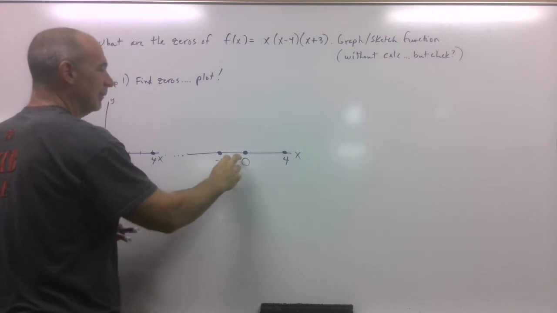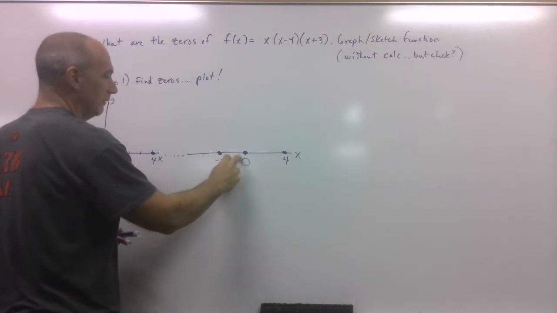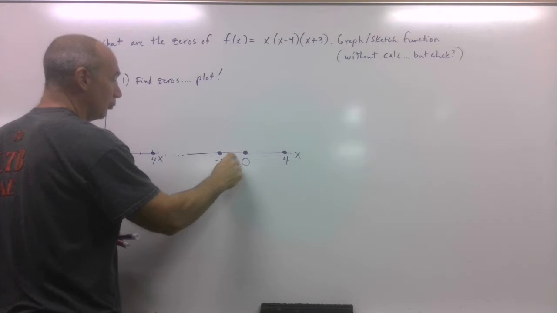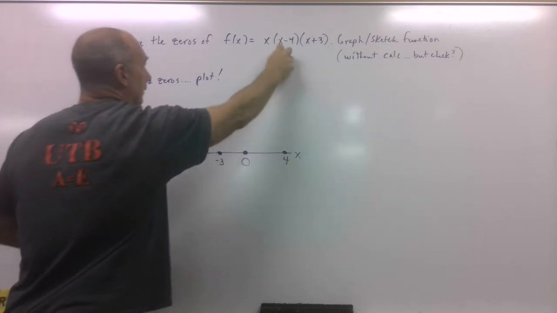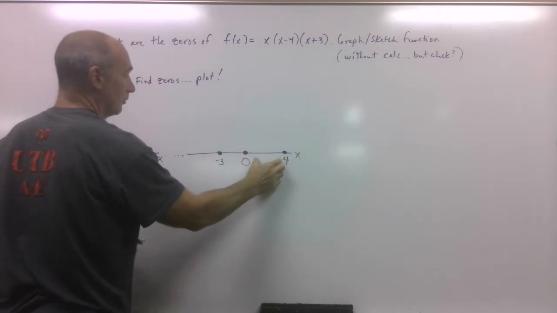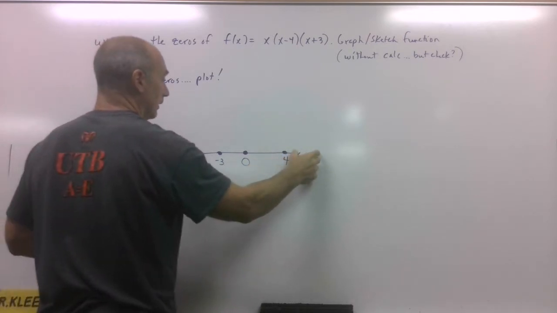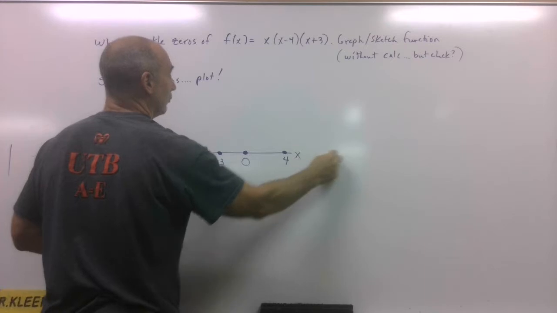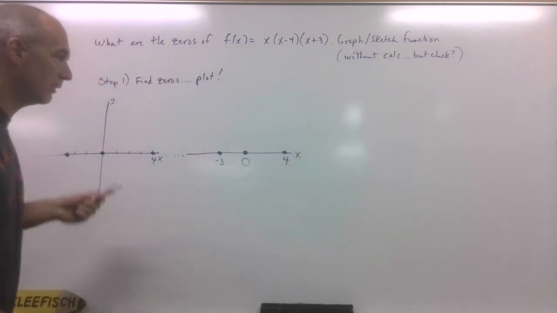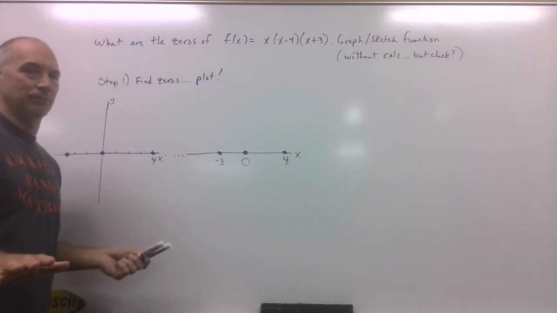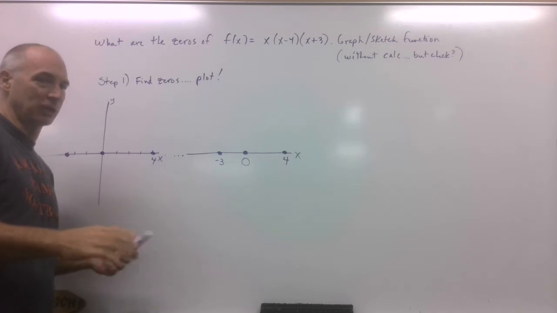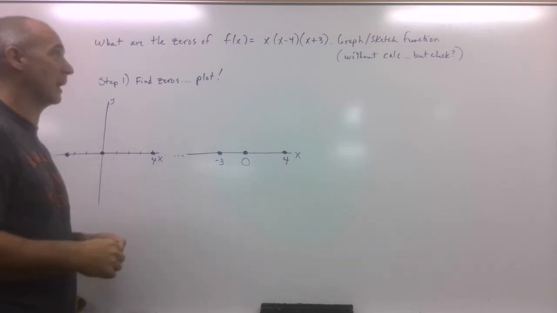Plug in something between 0 and -3, like -1 or -2, and see where it goes. And then plug something in here, like a 2, see where it goes. And then plug in something like 5 or 6 or 7, and just see where it goes. All of that will work fine, but there's a shortcut, and that's what I want to show you right now.